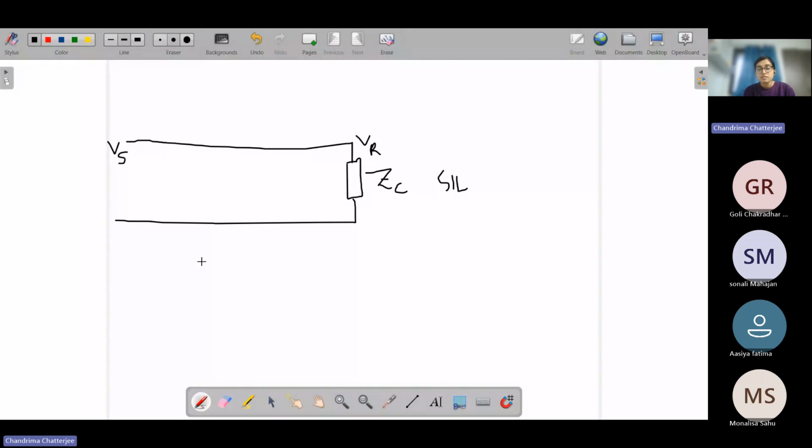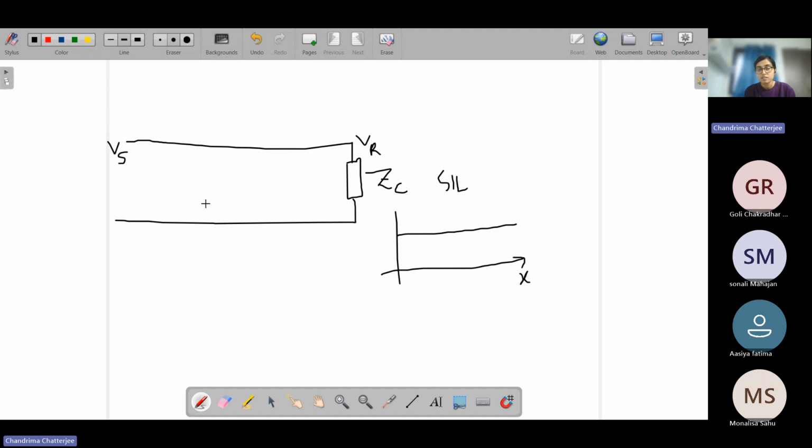So obviously, we already saw that when there is surge impedance loading, the voltage profile is flat throughout the transmission line. It doesn't change at all. It is independent of the distance. No matter how long the transmission line is, the voltage will remain the same throughout.